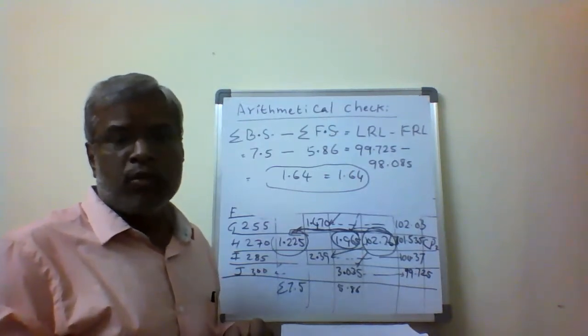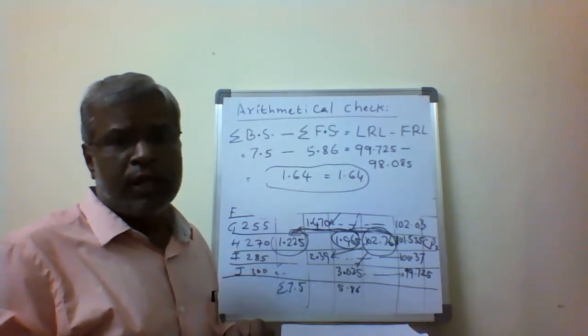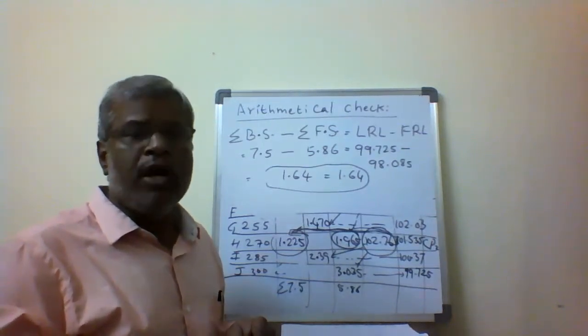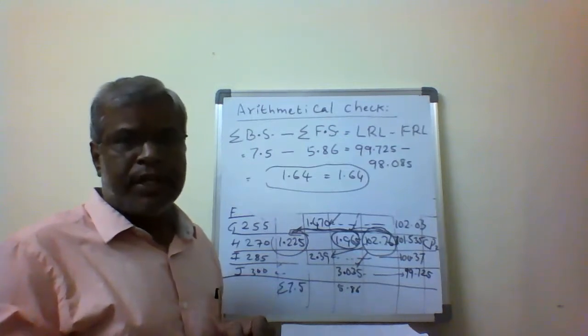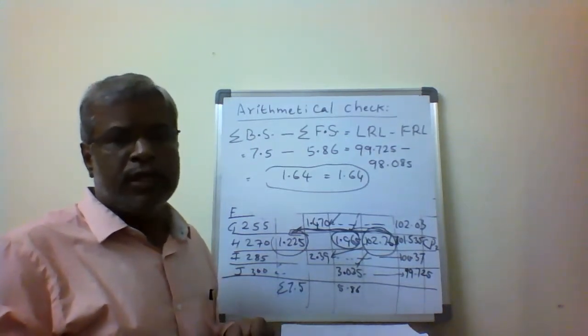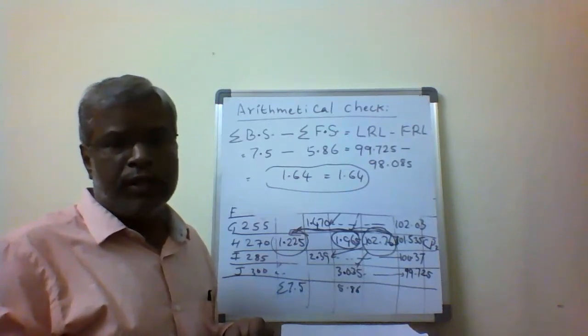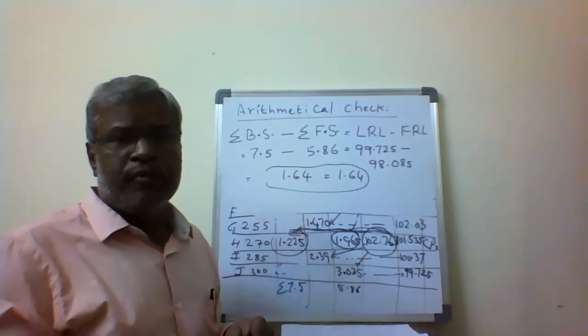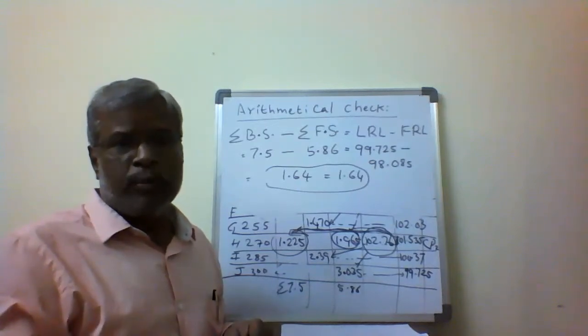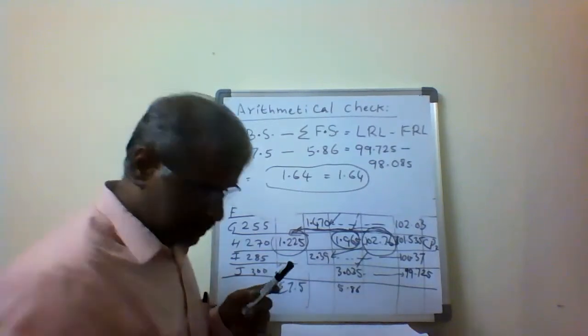Based on the height of the instrument only, we are able to get the reduced levels or elevations of the points. So we have to enter the staff readings properly into the respective columns of backsight, intermediate sight and foresight reading, then calculate the height of the instrument, then the reduced levels. This method we call the height of instrument method. The same problem we will do by one more method, called the rise and fall method.